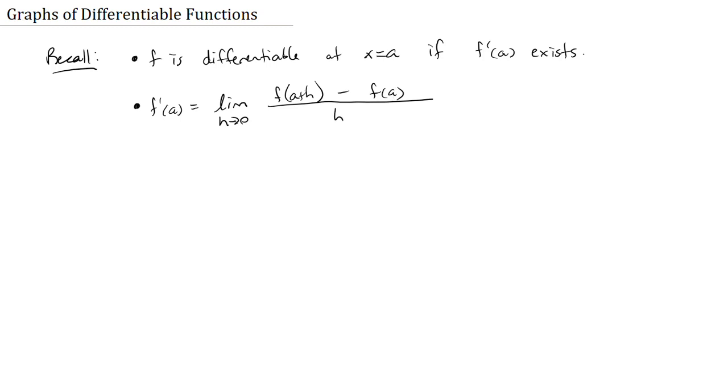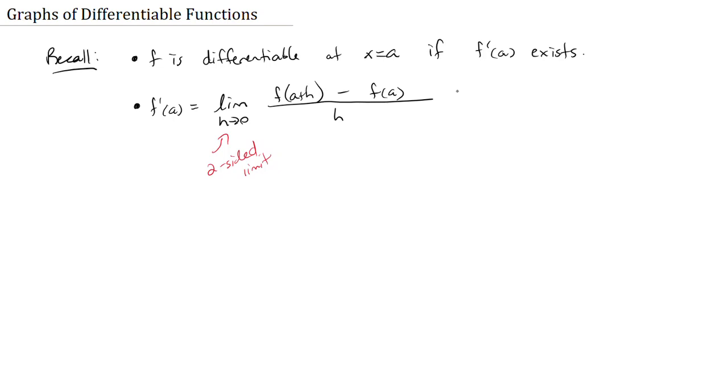So when we take the limit, this is a two-sided limit, don't forget. When we take the two-sided limit of this function, if we get a finite value, then this limit exists, therefore the function is differentiable at a.